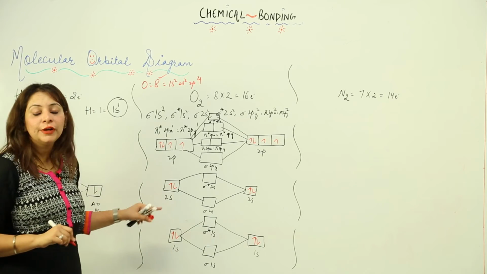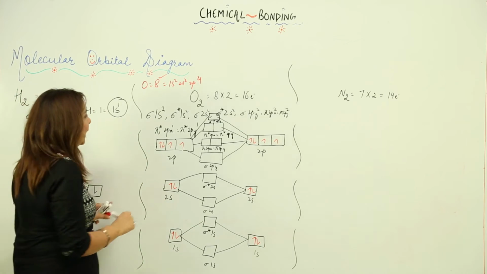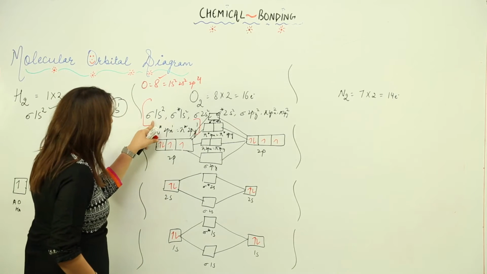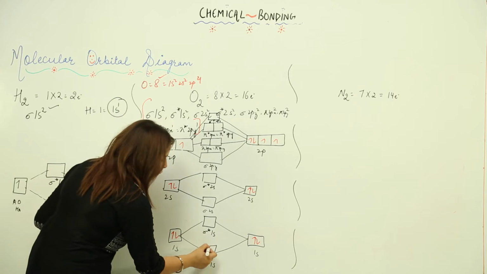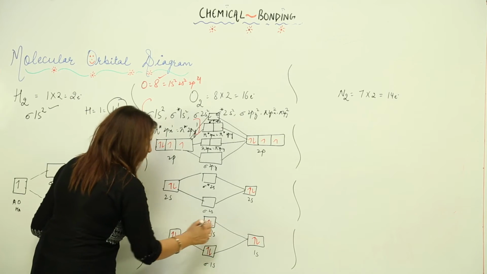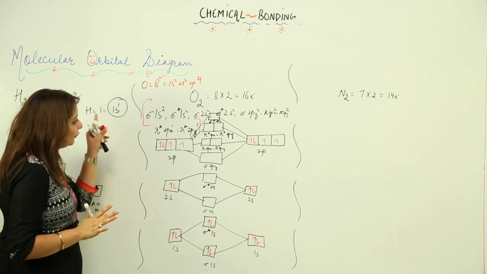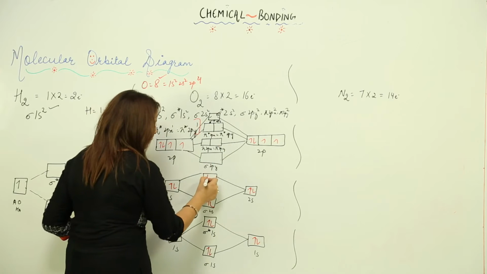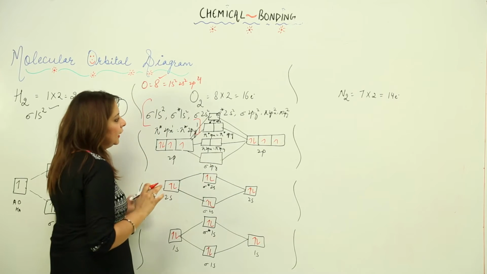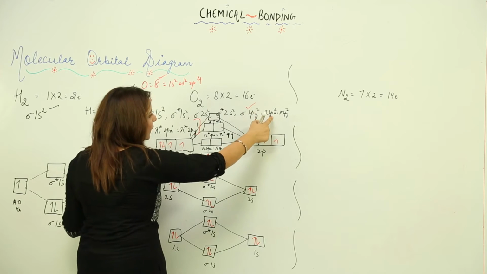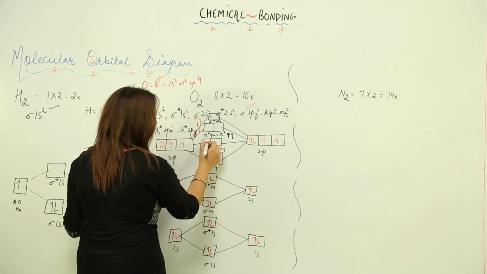I need to fill my molecular orbitals now, and the electronic configuration is the one which I wrote. In bonding sigma 1s there are 2 electrons. Let's put 2. Anti-bonding also possesses 2 electrons. So this is completed. Now for 2s, bonding again 2, anti-bonding again 2, this is completed. And now 2pz possesses 2 electrons, as you can see here, and these are again 2, 1, 1, 2 and 2.